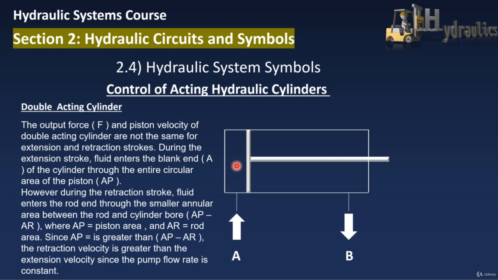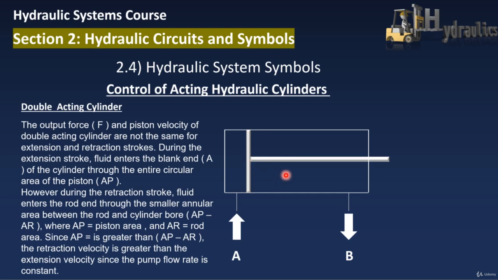At port A, we call this area the piston side; the pressure of the fluid will act equally on all areas and impact the piston area. On the other side, we call it the rod side, and the area here will be equal to the piston area minus the rod area.